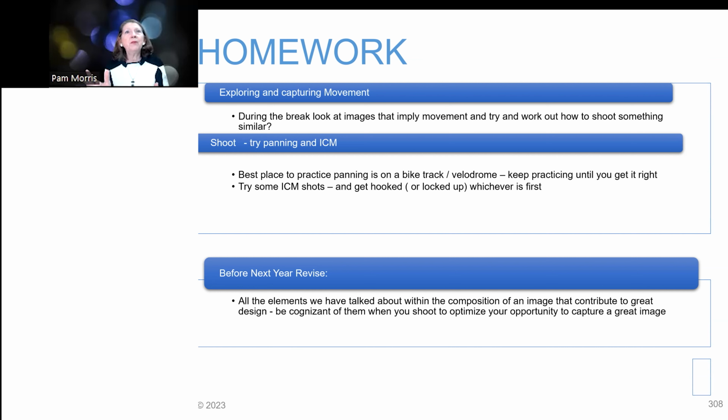What of the things that we've learnt during the year can I add to this to take it from just being an okay photo to something that people go, wow, that's interesting. So that's your homework over the break.